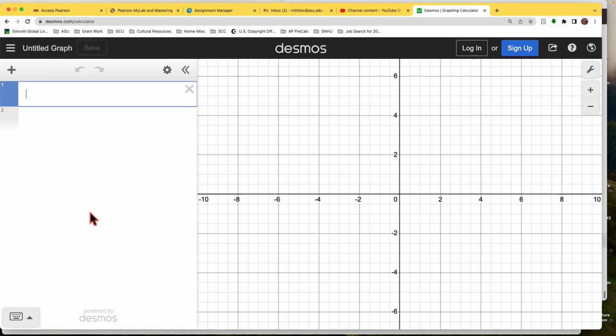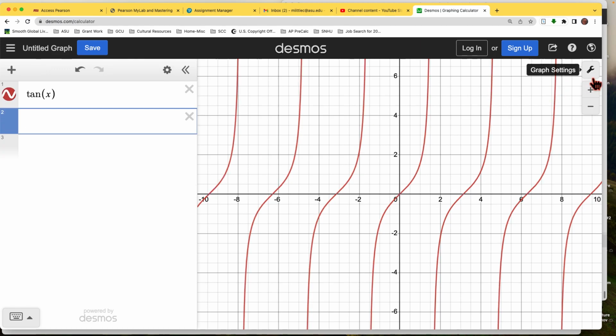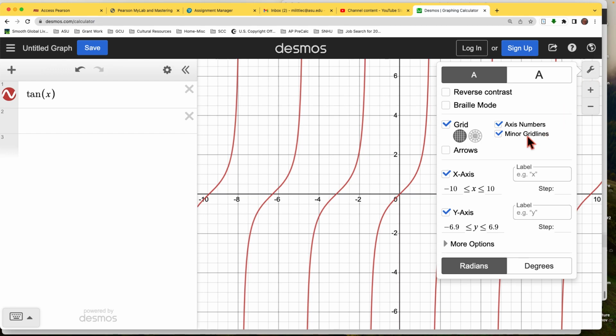So again, I would do maybe a standard tangent. And then we can graph the new one. What we want to do though is come to our settings here. This is how we set our x values, and usually this step is important.